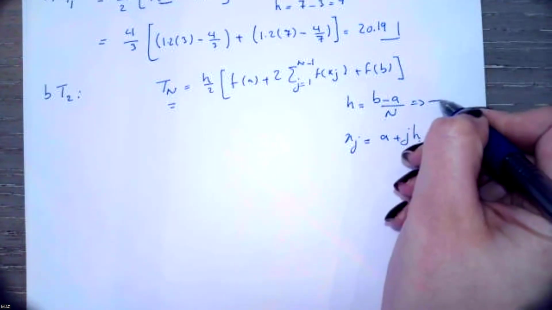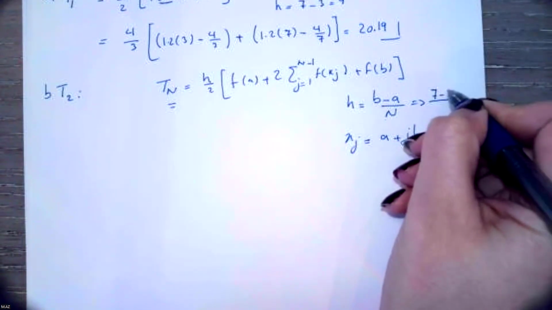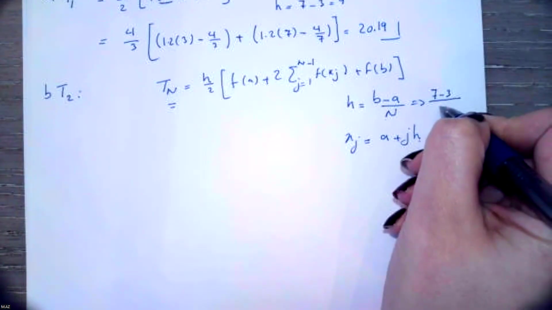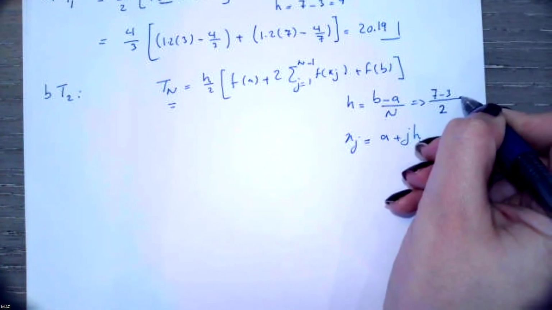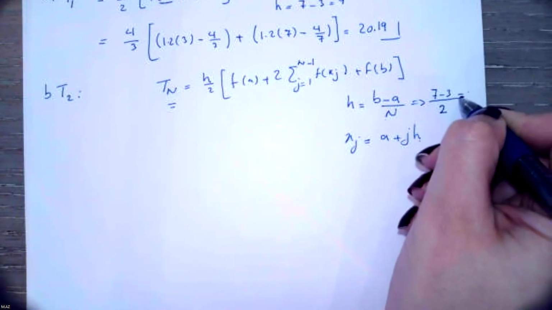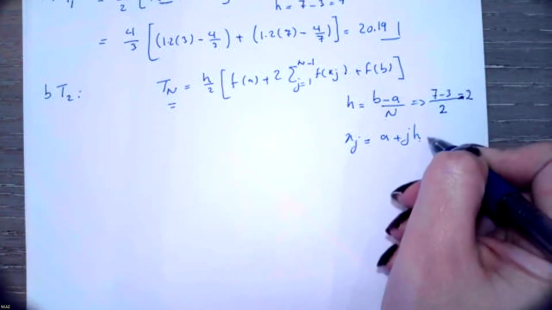For this problem, we have 7 minus 3 over 2. The answer is 2.